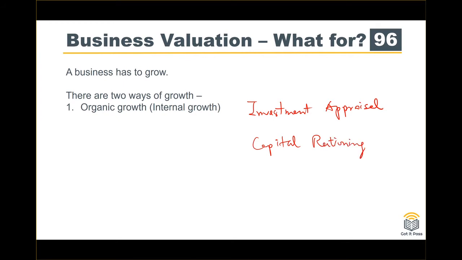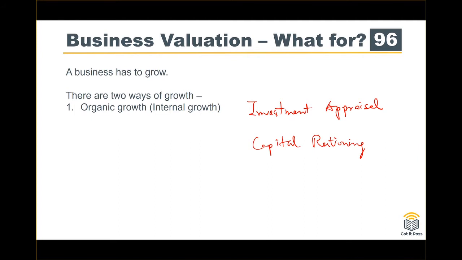For capital rationing, it means we have to choose projects. For example, we have 4 projects to be chosen. Then we have to decide which projects we can invest in, based on some rules that we shared with you before. So it's about organic growth.